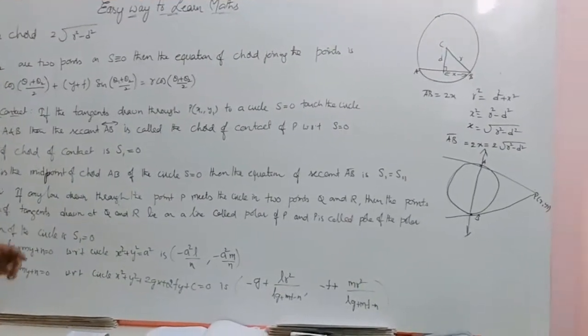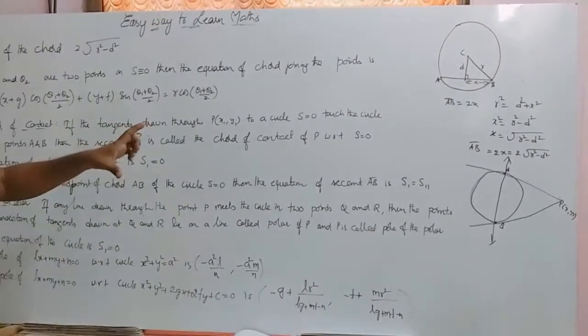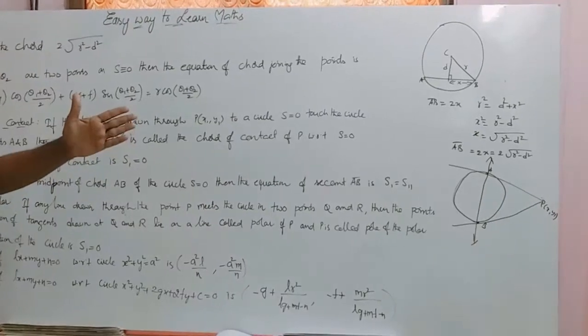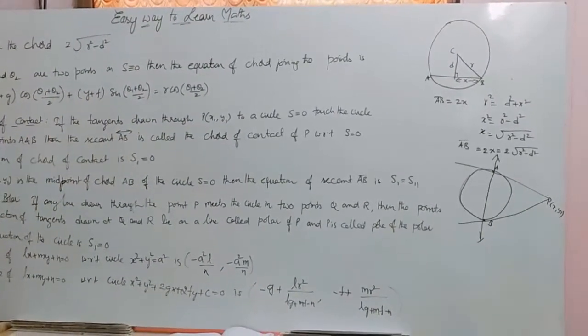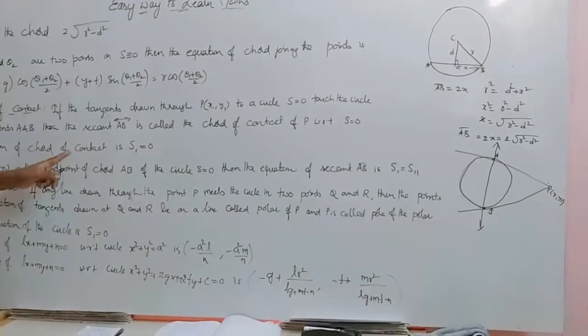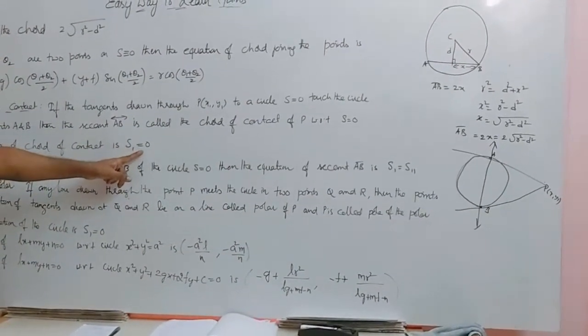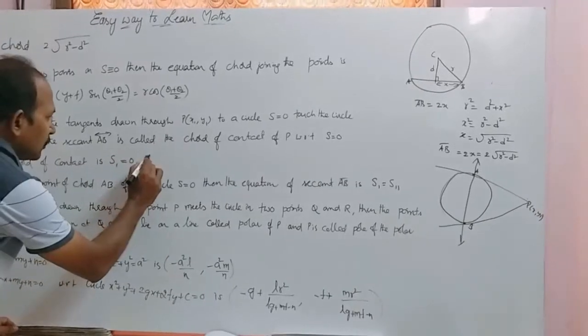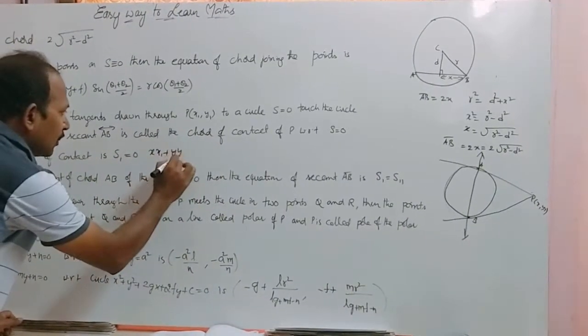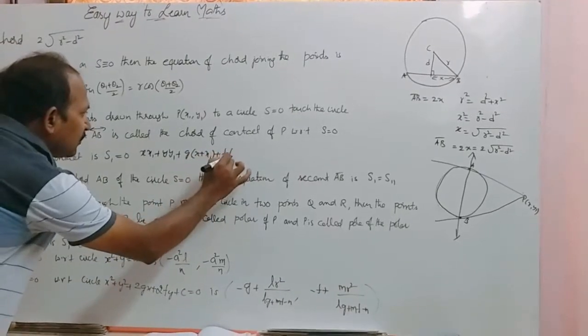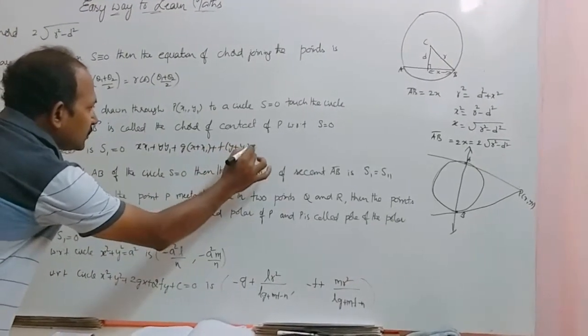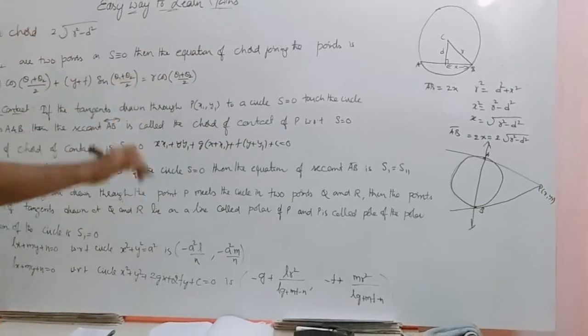That means at the points of contact we are drawing a secant, which is called the chord of contact, and the equation of the chord of contact is S1 equal to 0. What is S1? S1 is nothing but x x1 plus y y1 plus g into x plus x1 plus f into y plus y1 plus c is equal to 0.